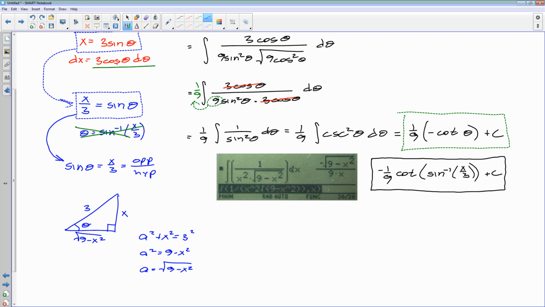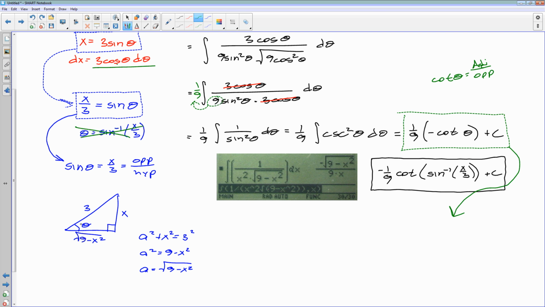Now I go back to my answer, and my answer says the negative cotangent of theta. Well, cotangent is the reciprocal of tangent, so cotangent is going to be adjacent over opposite.